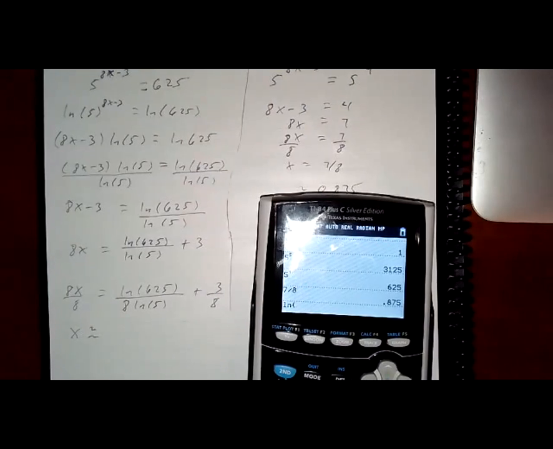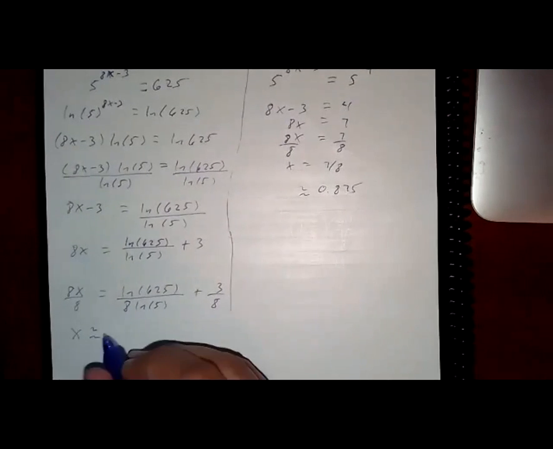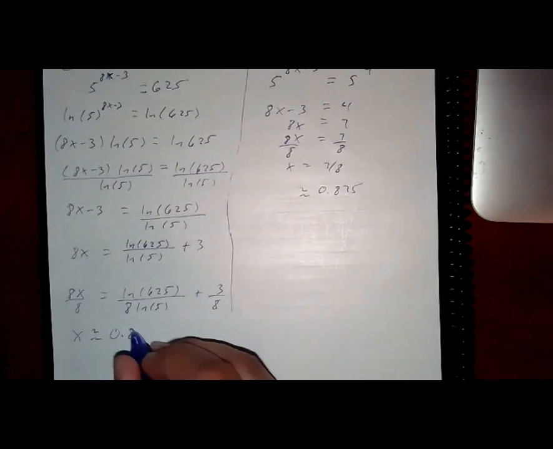ln 625 divided by 8 times ln 5, and then plus 3/8. So see how it's the same deal. This is still 0.875.